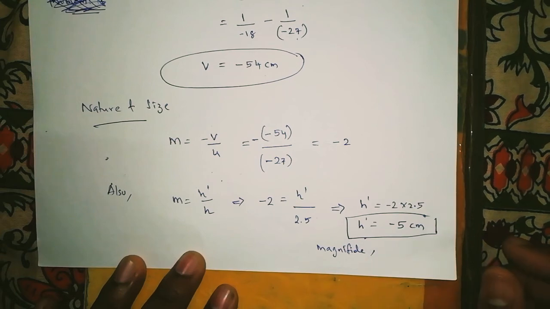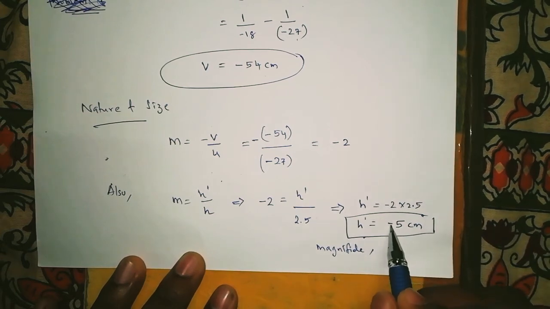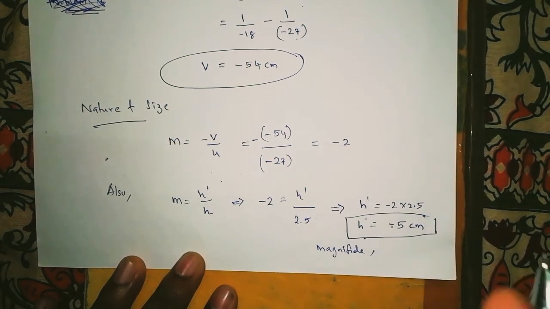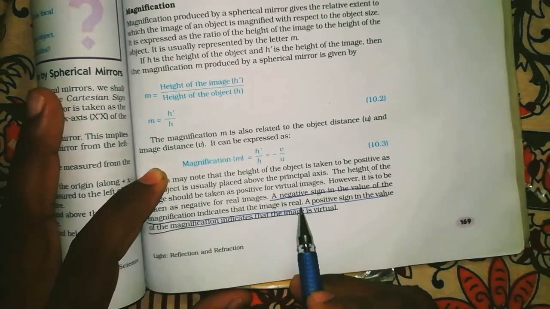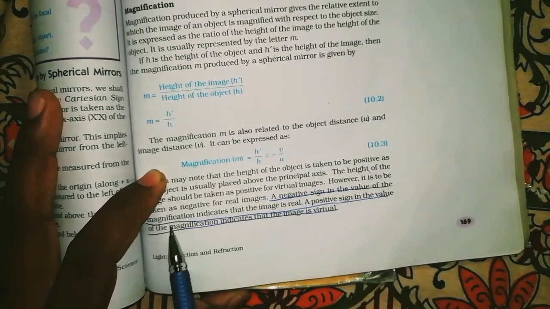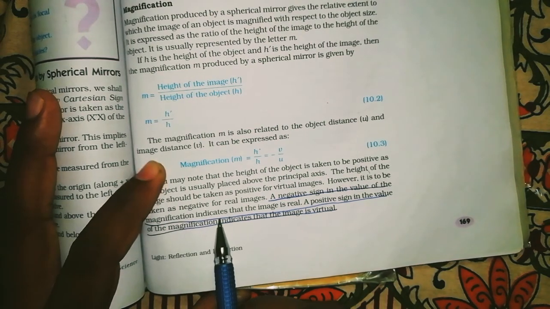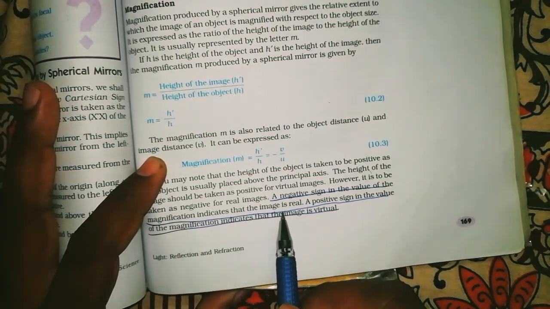Will you understand? This is one thing. What is the second thing here? Because it comes minus, you have to know one thing. I want all of you to take your book, because it's very, very important to identify that. Whenever a negative sign appears in the value of magnification, it indicates that the image is real.